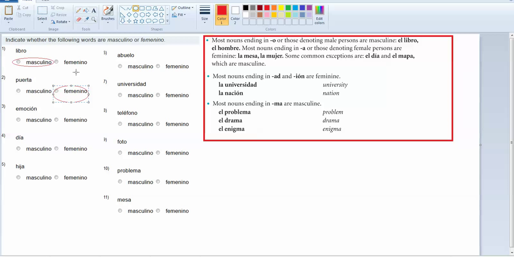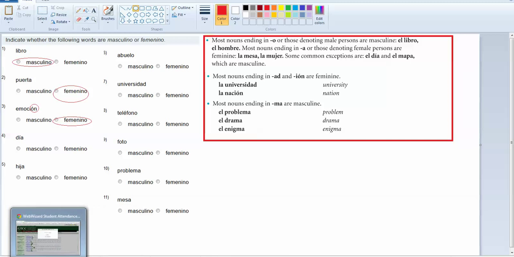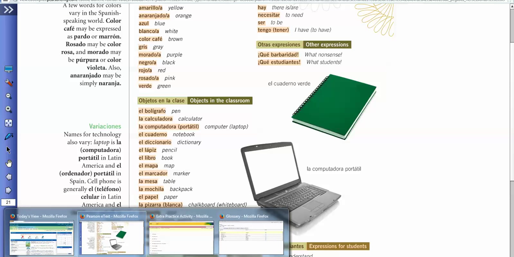Okay, all right, emoción. Emoción has an I-O-N on it. And if you look over here, remember I-O-N and A-D are feminine, and you don't have to look it up. It just tells you if it has an A-D or an I-O-N that it's going to be feminine, so you pick femenino. Okay. Día, it ends in A, but if we look up día, which I don't think is one this time, I think it was one of your vocab words from last time, so let's just go to the glossary to do it.